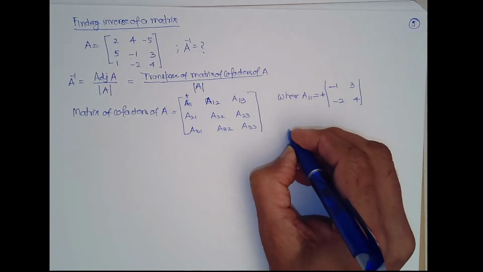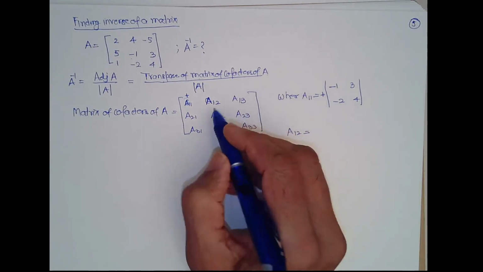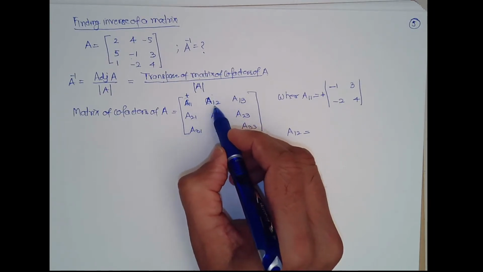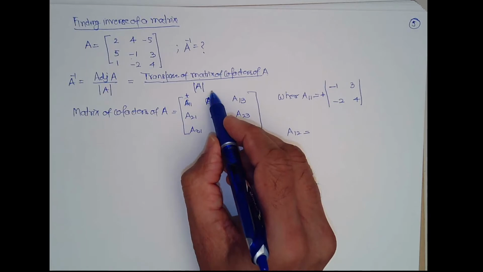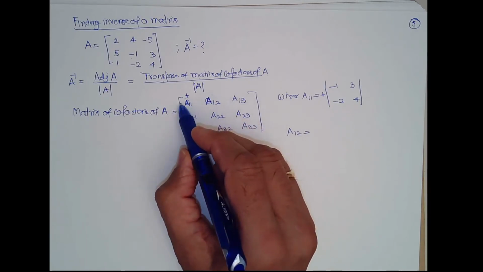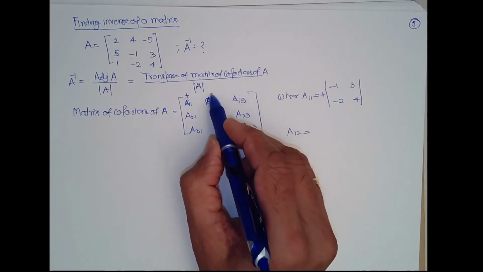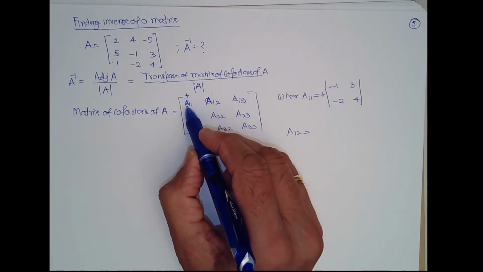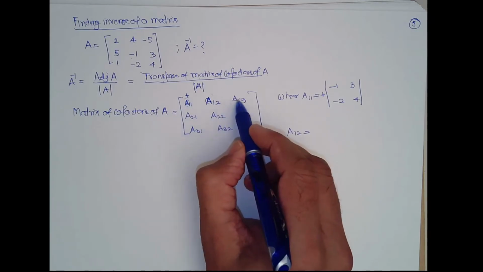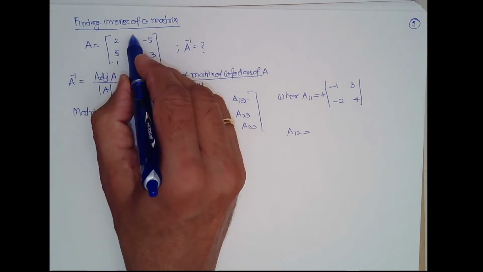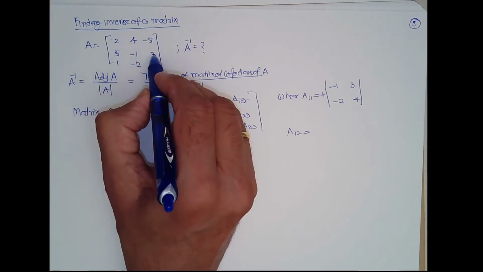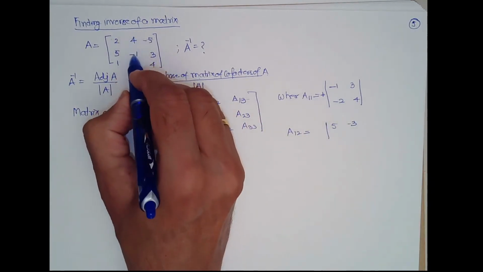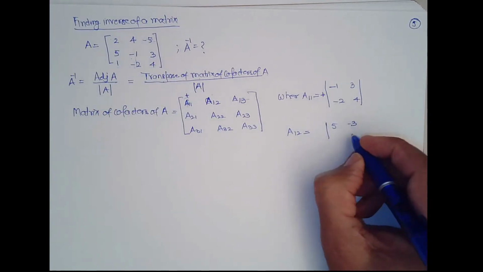What is A12? A12 means pick up A12 and cross the row and column of A12. What is left out is 5, 3, 1, 4.